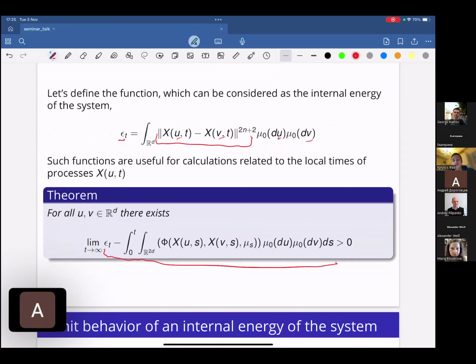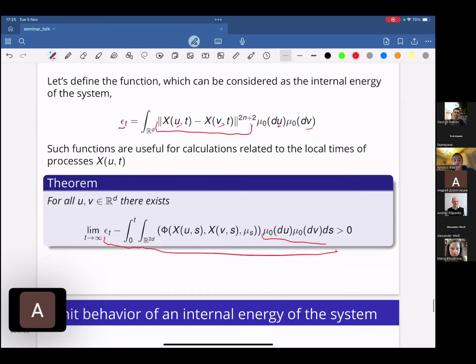To prove it, I didn't provide a detailed proof, because it's pretty similar to what I did previously. We just have some integration over the measure mu0 du dv. And we again can state the long-term behavior of such epsilon t.